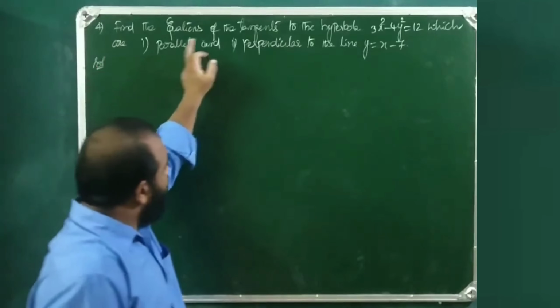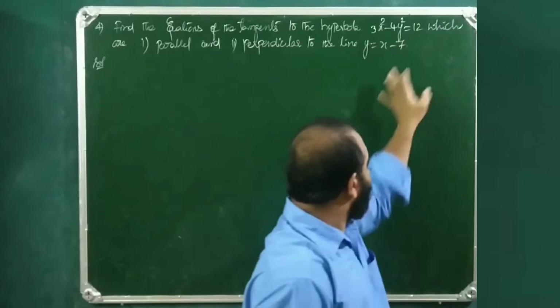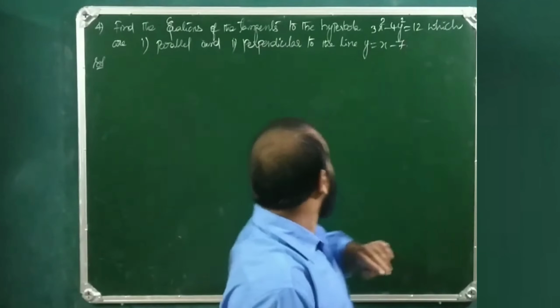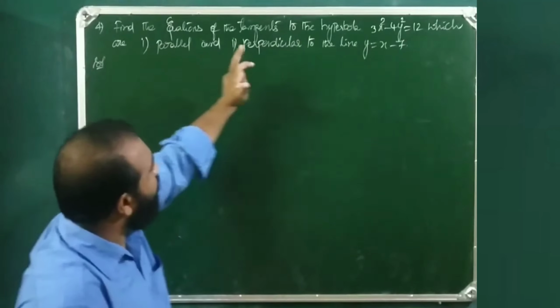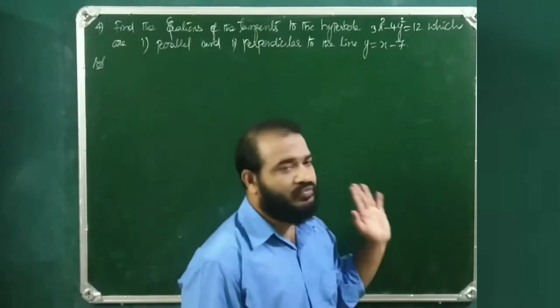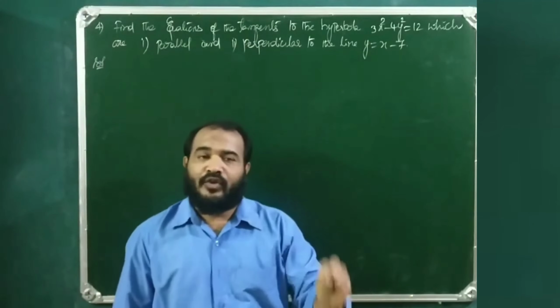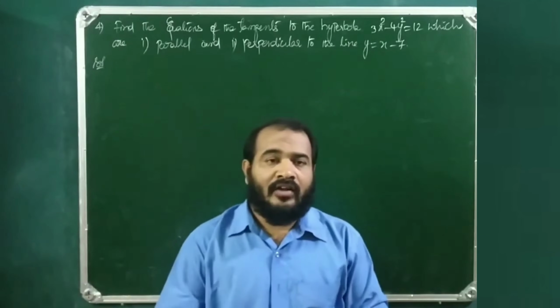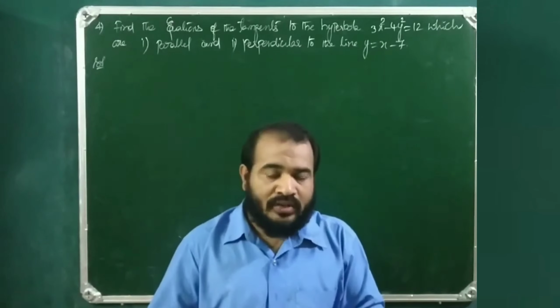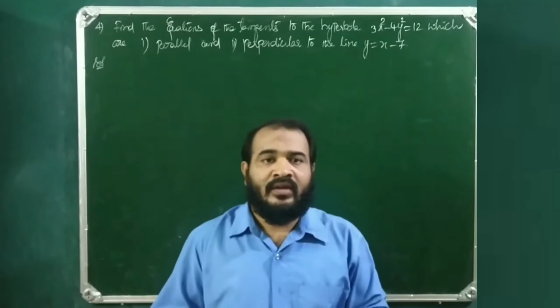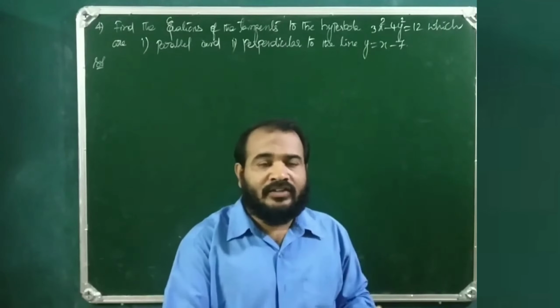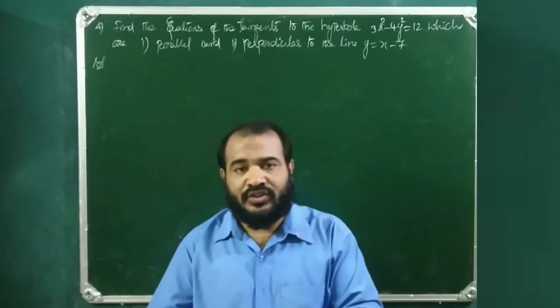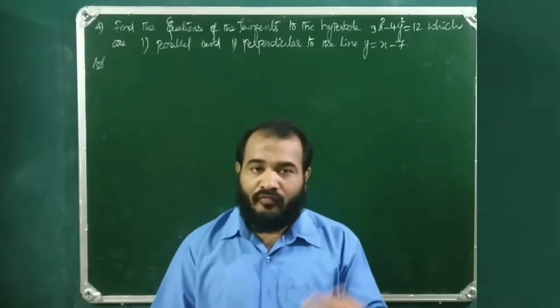Find the equation of the tangents to the hyperbola 3x square minus 4y square equals 12, which are parallel and perpendicular to the line y equals x minus 7. Whenever you are given a point (x1, y1) and asked to find the equation of the tangent, the equation of the tangent at (x1, y1) to the hyperbola, S1 equals 0, will be used.